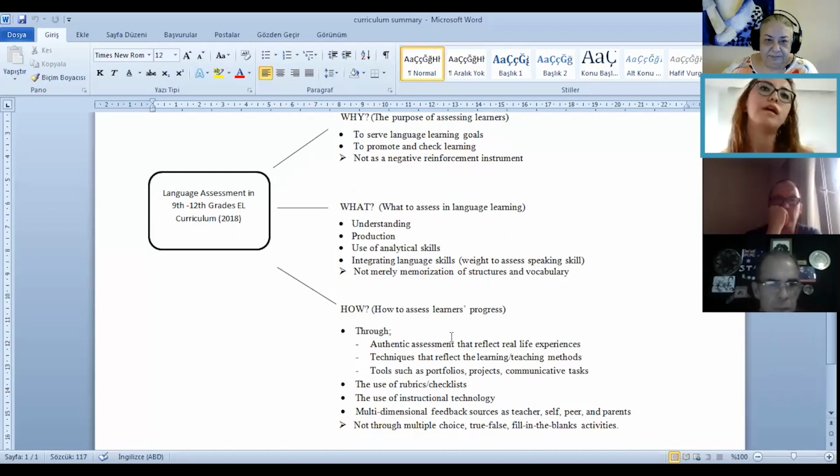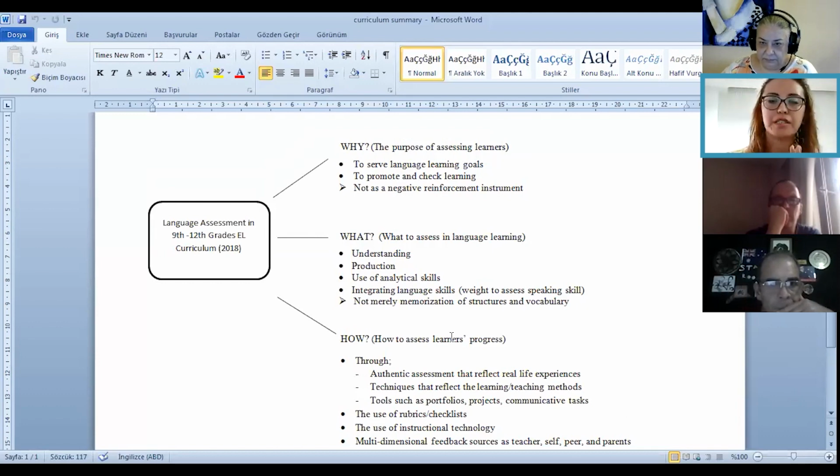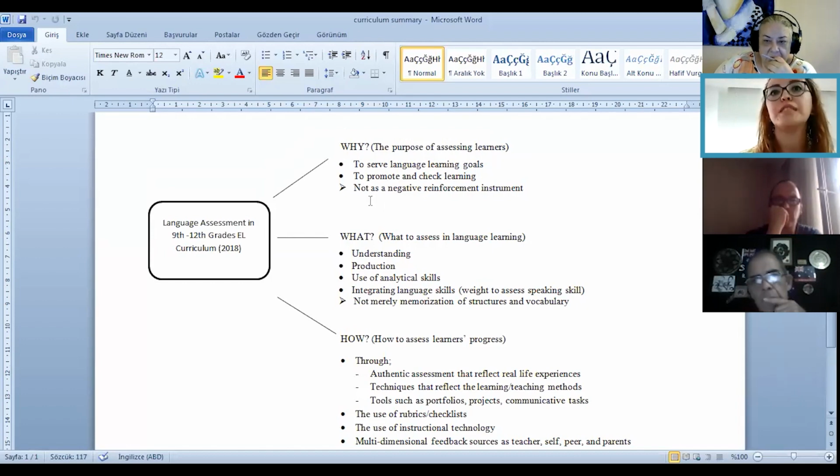I try to divide the assessment dimension in the curriculum into three big main dimensions. First, why: the purpose of assessing learners. For it, the curriculum says to serve language learning goals, to promote and check learning. And please, teachers, do not use assessment as a negative reinforcement instrument.